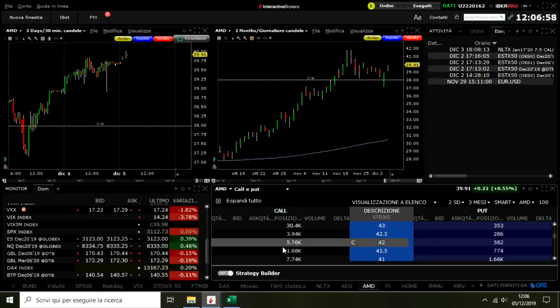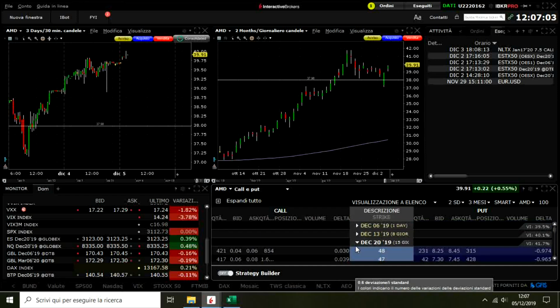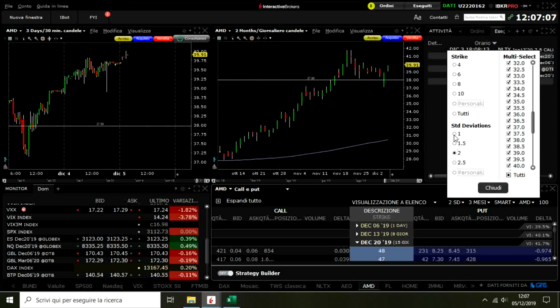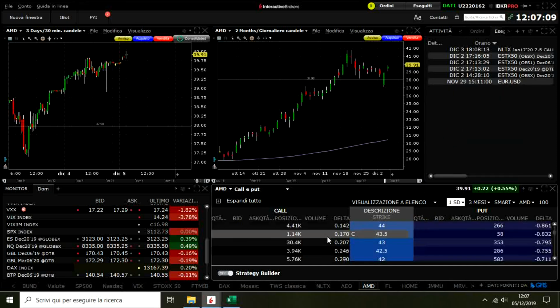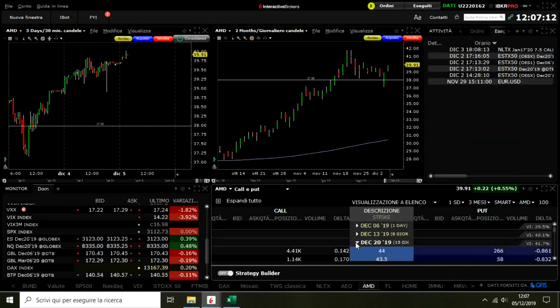Let's see. This is a bug in the platform. It happens when you want to see too many options when the market is closed. Let's see if I can make it this way.